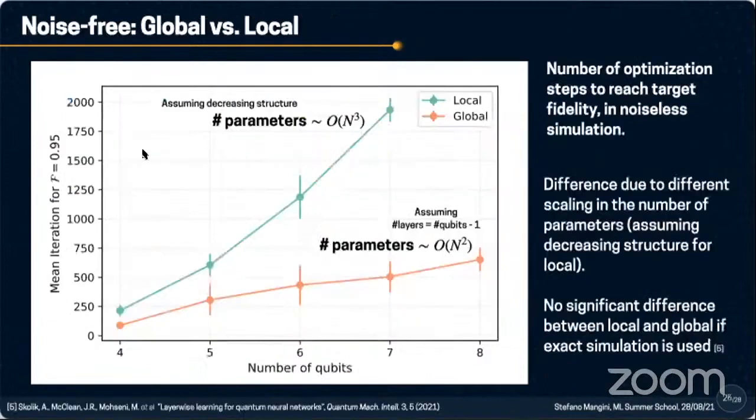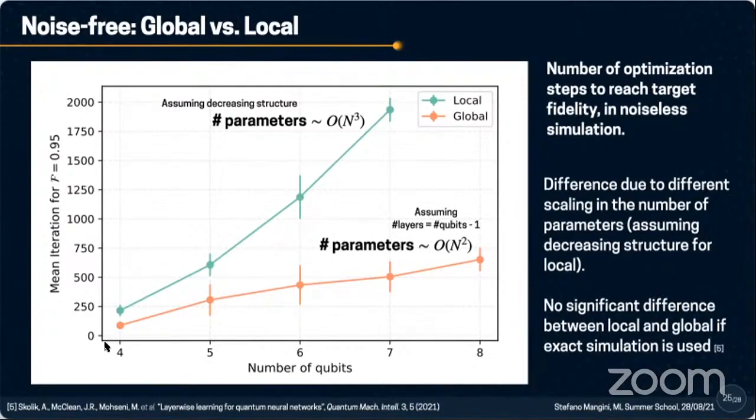So we will now compare how the global and local approaches perform against each other. What you see in this graph is a simulation performed for different numbers of qubits. We studied the mean iterations of the classical optimizer routine that we used to reach a target fidelity, in this case, 95%.